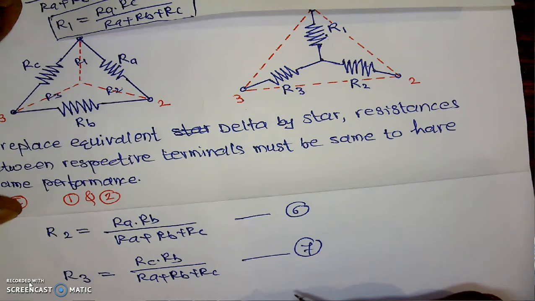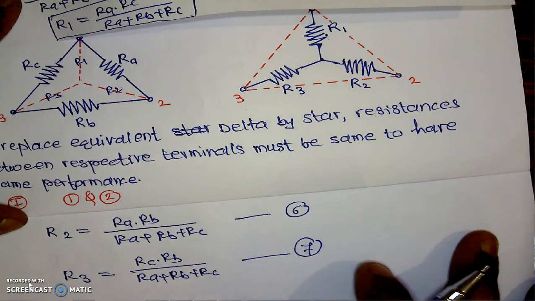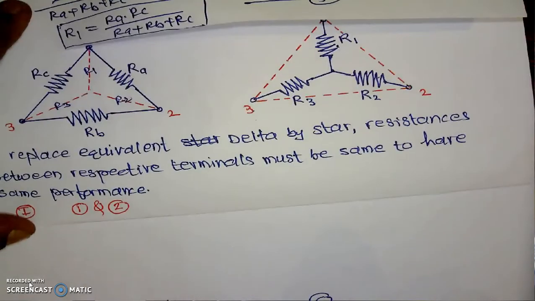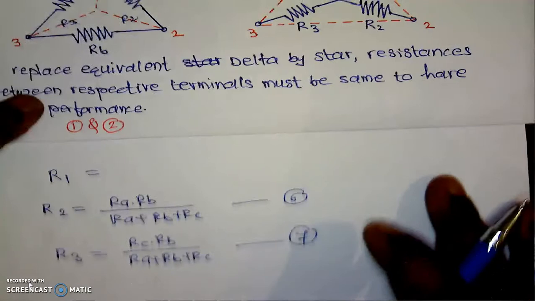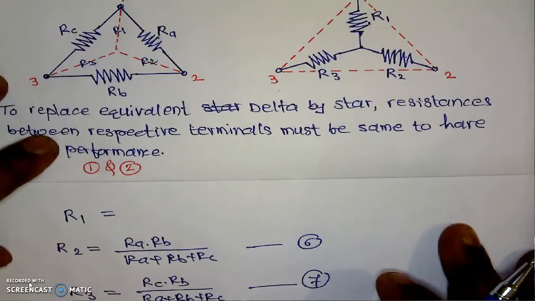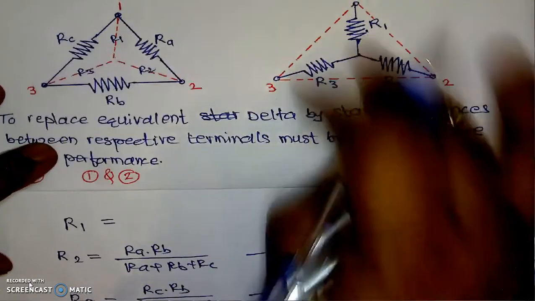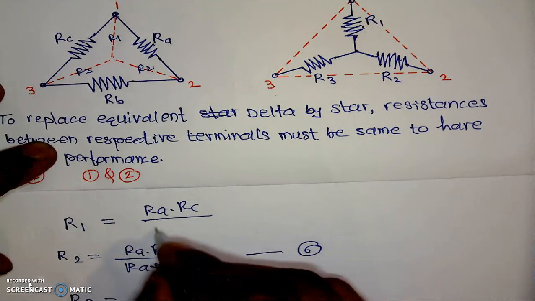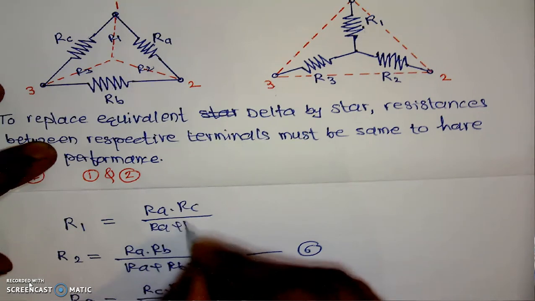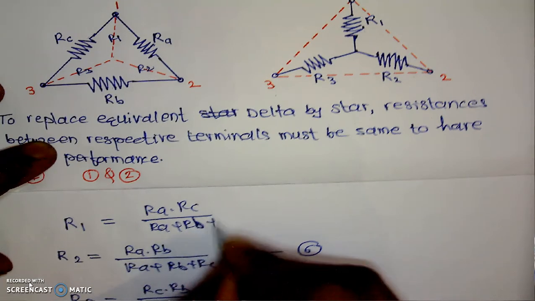So here, we have 3 equations. What are the 3 equations we have? From this figure itself, R1 is equal to RA into RC divided by RA plus RB plus RC.